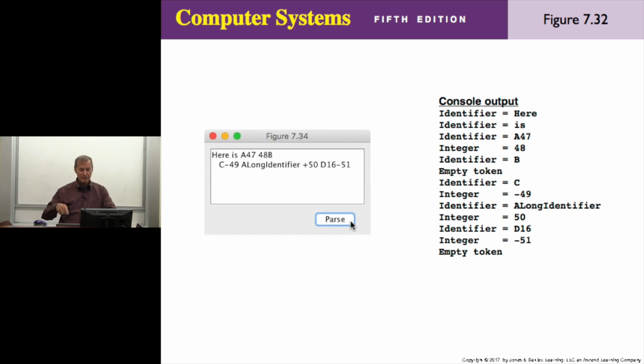I think yesterday I might have said that getDescription is responsible for returning the word on that first line. It actually is responsible for returning "identifier =" here. So it's the whole string. Everybody with me? That's the purpose of getDescription. It's also responsible on the empty token for printing out the string "empty token". We'll see this in a minute. Ask questions as we go. It's really important that you ask questions as we go.